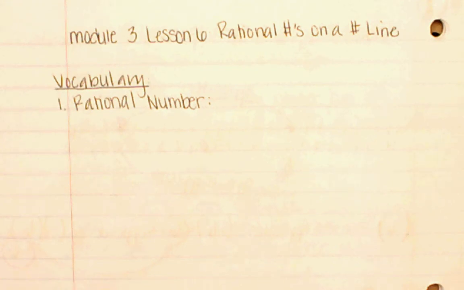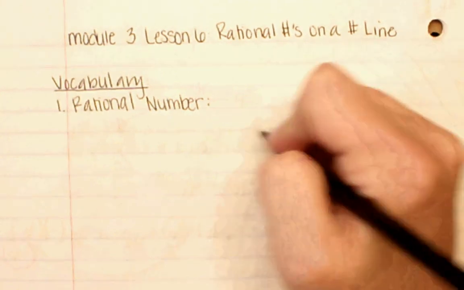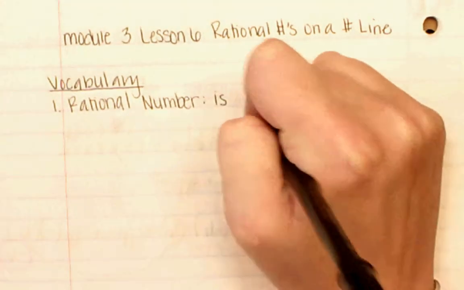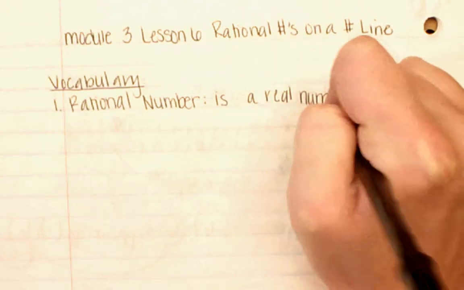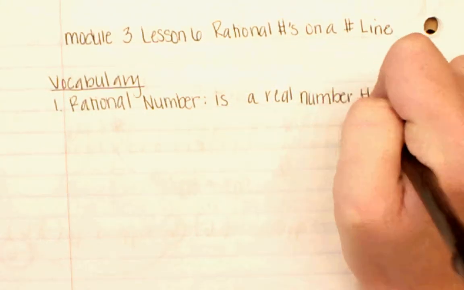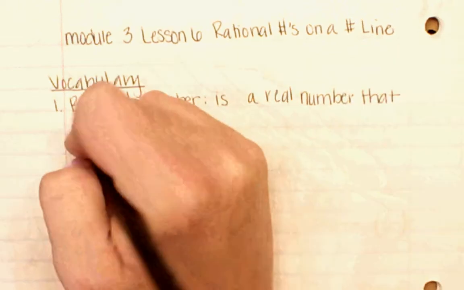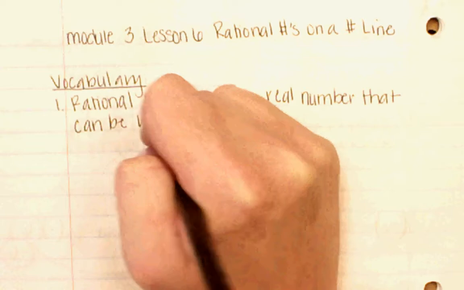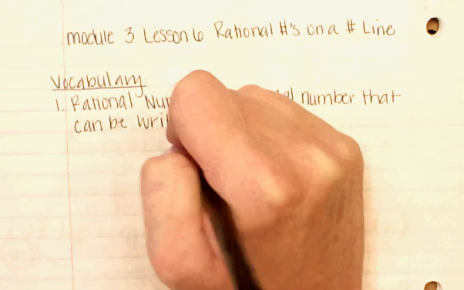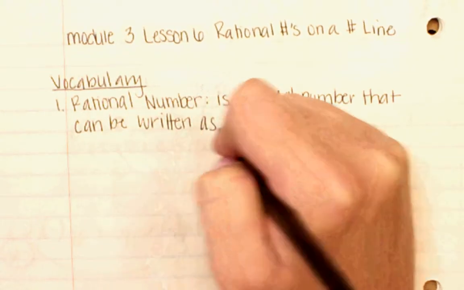The first one is a rational number. A rational number is a real number that can be written as a simple fraction.